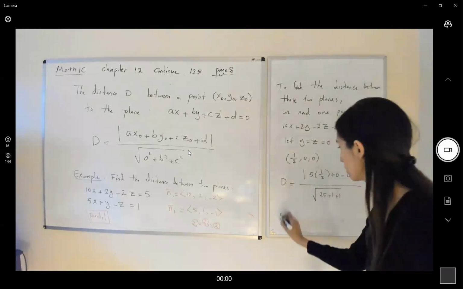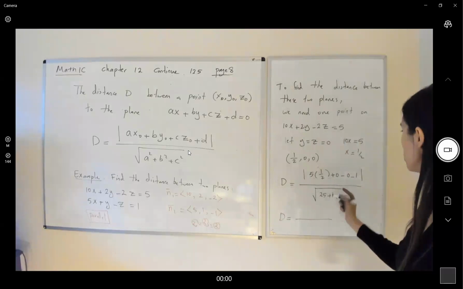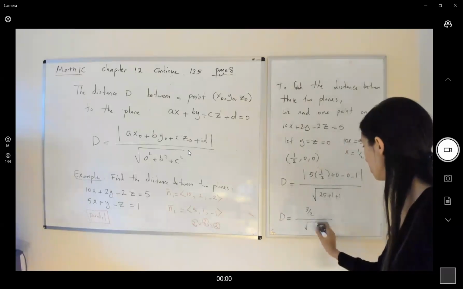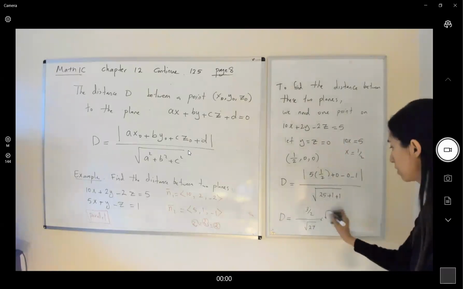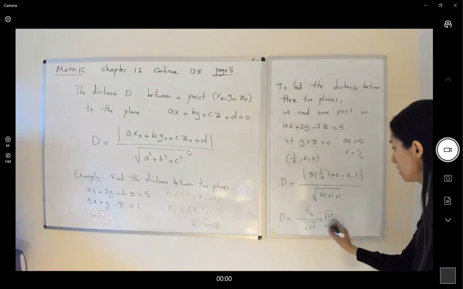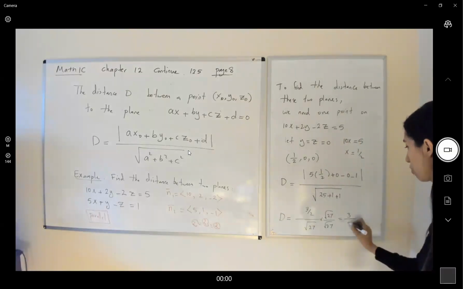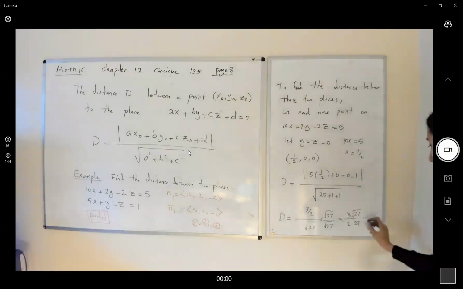Okay, the distance is equal to the absolute value of 5 halves minus 1, which gives you 3 halves, divided by square root of 27. We can multiply by square root of 27 over square root of 27, and you get 3 over 2 times square root of 27 times 27. We can simplify this to get square root of 27 over 18.